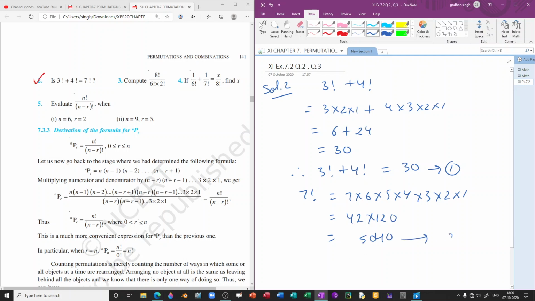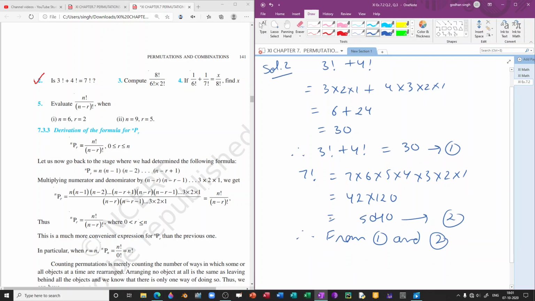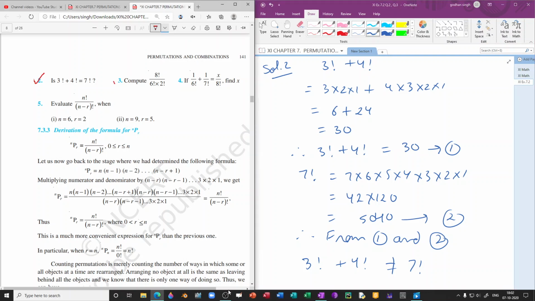So this is the second one. Therefore from 1 and 2 we can say that both are not equal, that is 3 factorial plus 4 factorial is not equal to 7 factorial. So this is the answer of question number 2. Next we'll do question number 3.